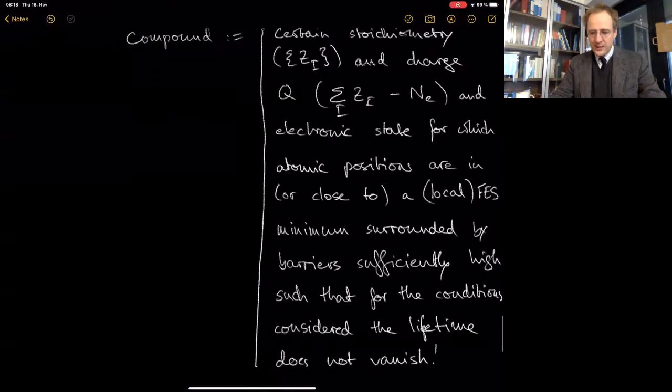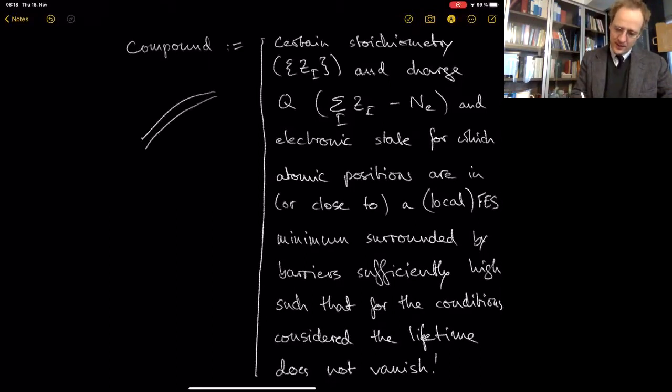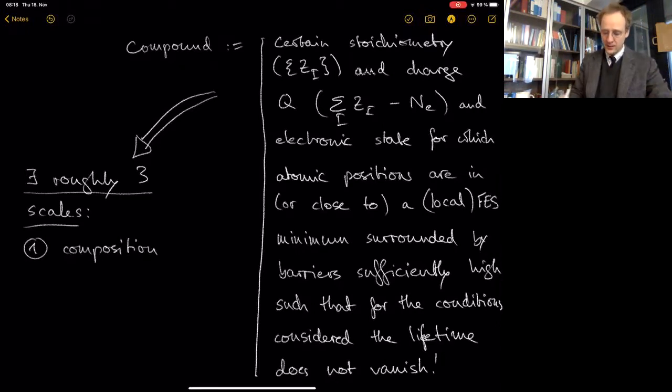All right. So this means we can distinguish, from this follows that, causally speaking, there are roughly 3 scales. Scale number 1 is the composition. So that's the stoichiometry. Scale number 2 is what is known as constitution.